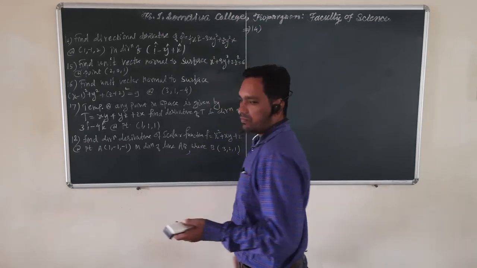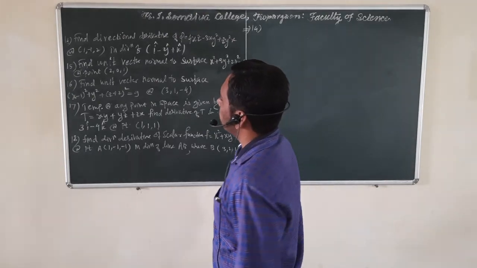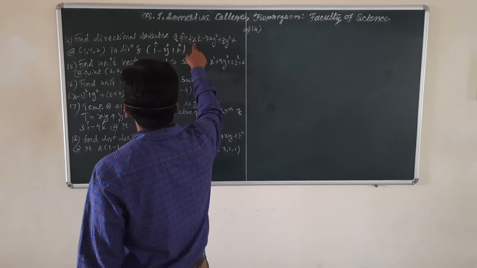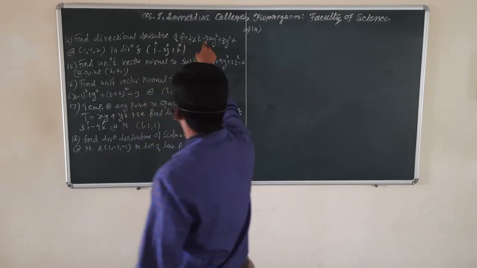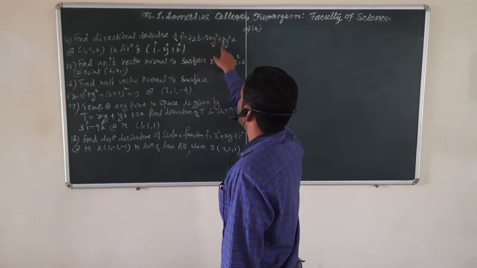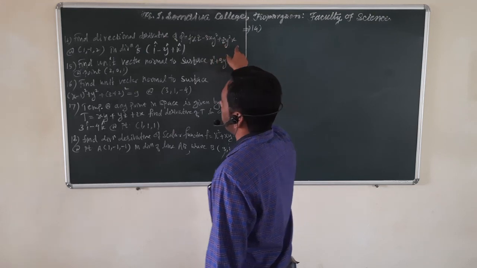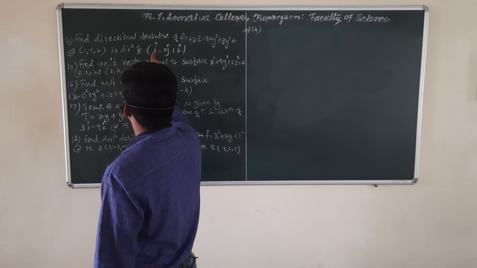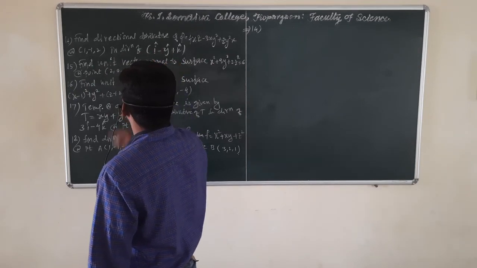What is problem number 14? Find the directional derivative of phi equal to 4xz minus 3xy square plus zy square x at (1, -1, 2) in the direction of i minus 2j plus k.